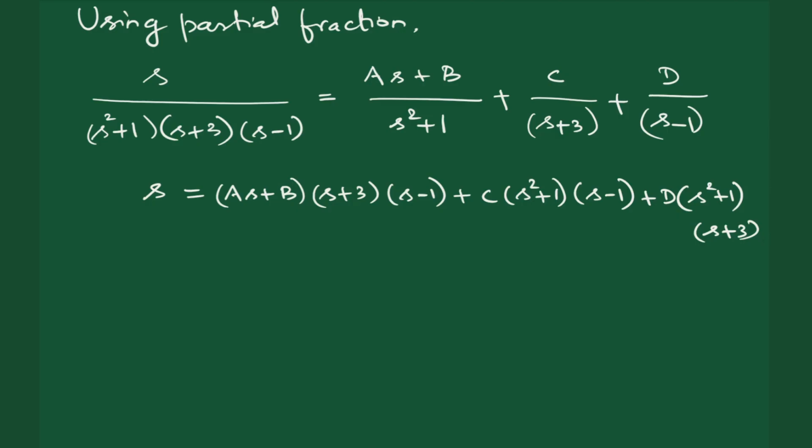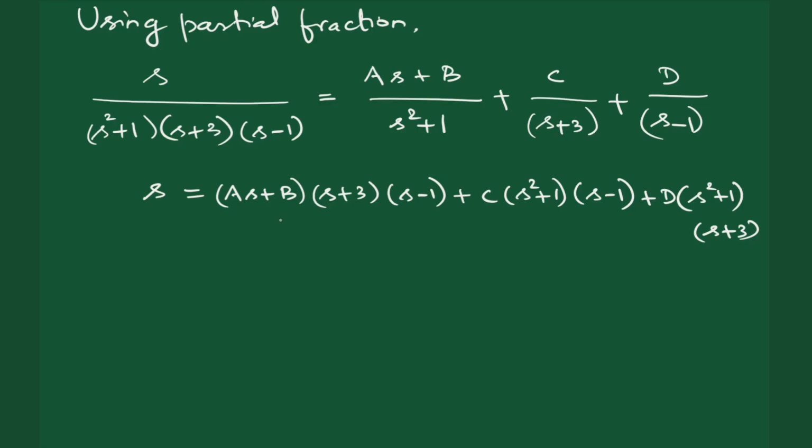So like this, first we have to simplify. Now here, by substitution method, it is difficult to find the constants a, b, c, because for no value of s will the terms vanish, right? So what we have to do here is go by equating the like terms.